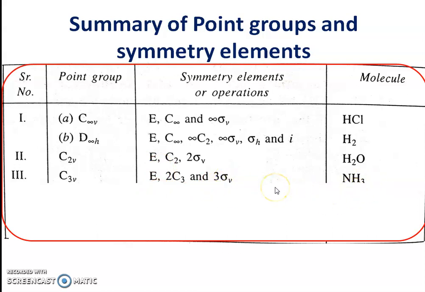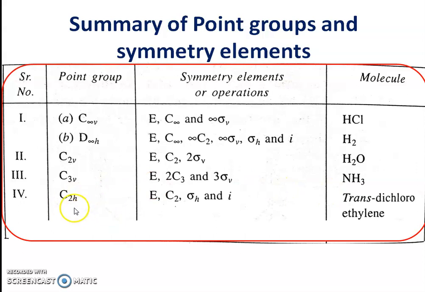Example is ammonia. Next point group, that is C2h. In the C2h point group, elements are identity, C2 principal axis, then a horizontal plane, and there is a center of inversion because the value of n is even. And an example of the C2h point group is trans-1,2-dichloroethylene.